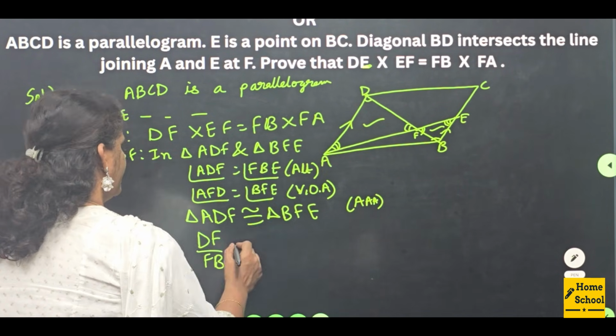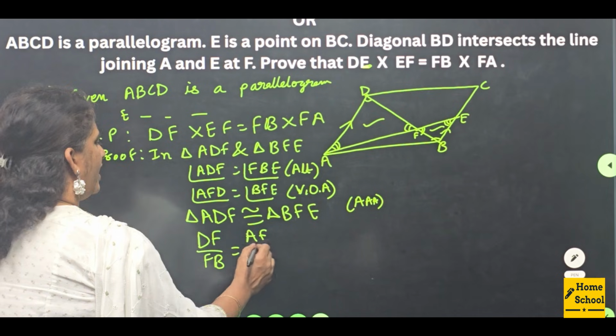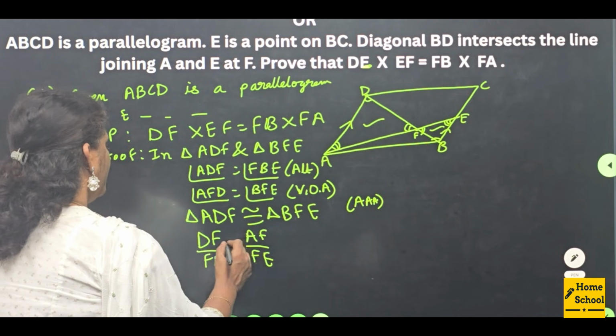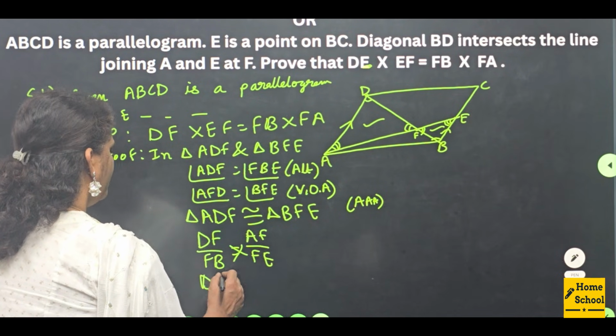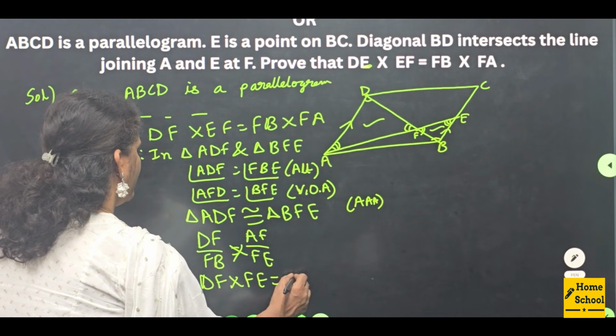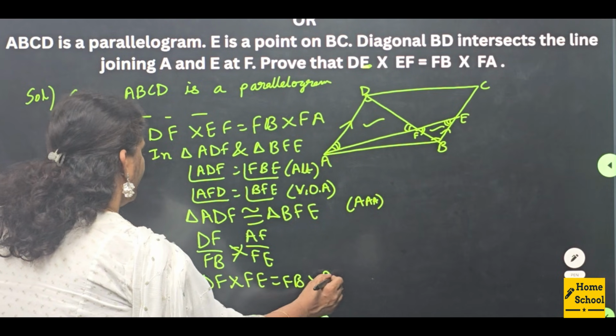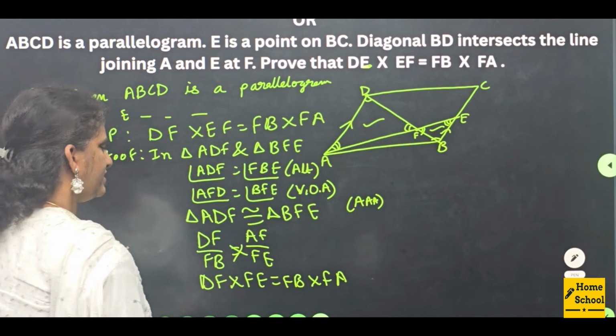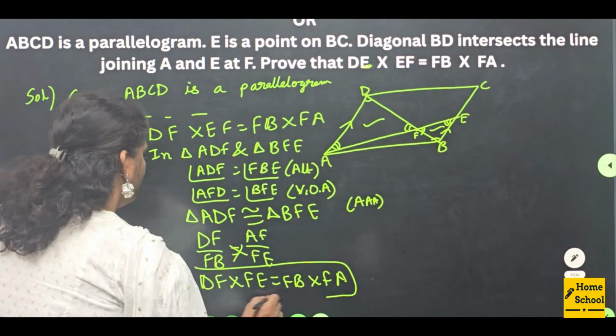DF by FB is equal to AF by FE. Now cross multiply: DF into FE is equal to FB into FA. FA or AF, both are the same. Hence it is proved. That's it.